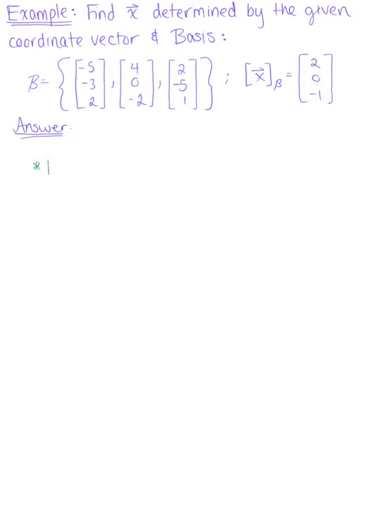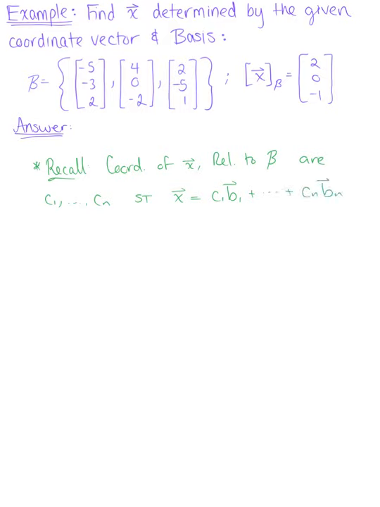So let's get started here by recalling that the coordinates of a vector x relative to a basis b are the scalars c sub 1 all the way up to c sub n, such that vector x is defined as a linear combination c sub 1 times vector b sub 1 plus all the way up to c sub n times vector b sub n, and this is where the set of these vectors b sub 1 all the way to b sub n are the basis.